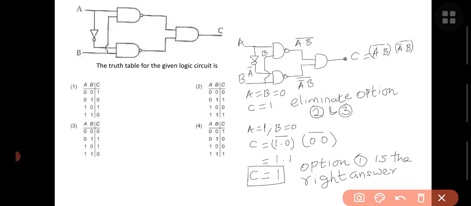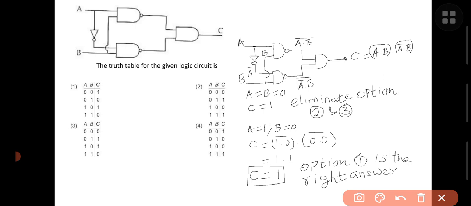Here is input A, here is input B. Now, this is the NAND gate, this is the NOT gate, and here is the AND gate. You should know about the NAND, NOT and AND gates so that it is easy to solve the question.